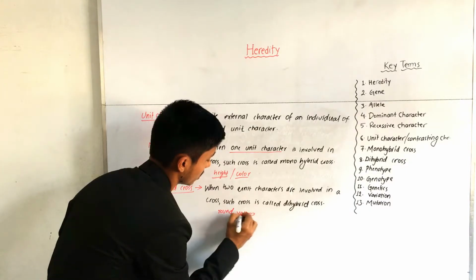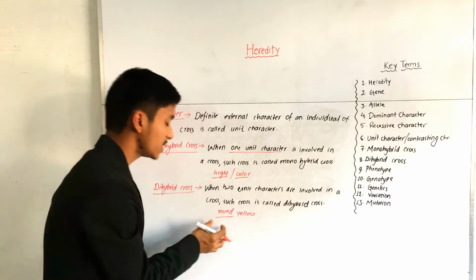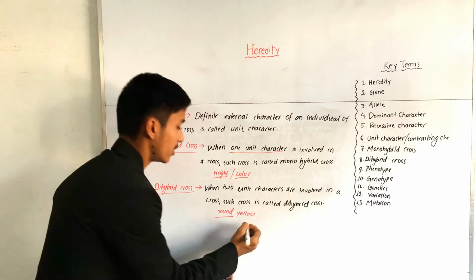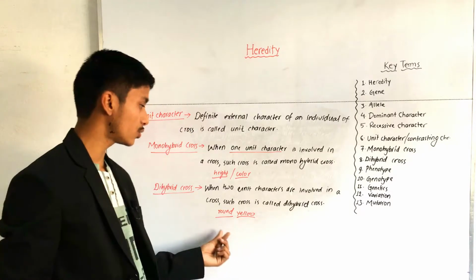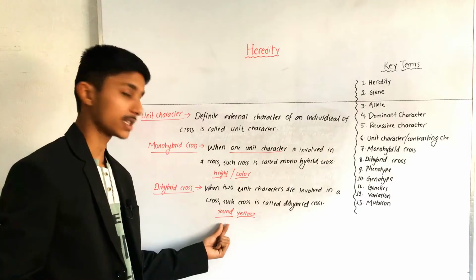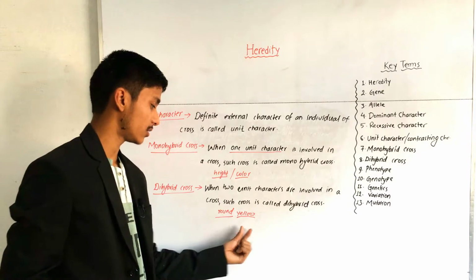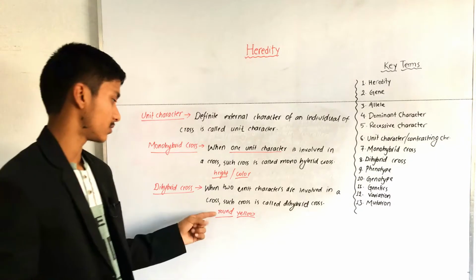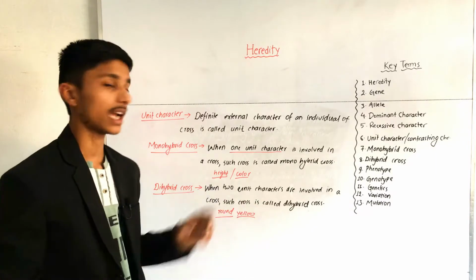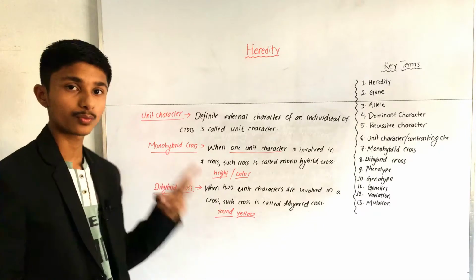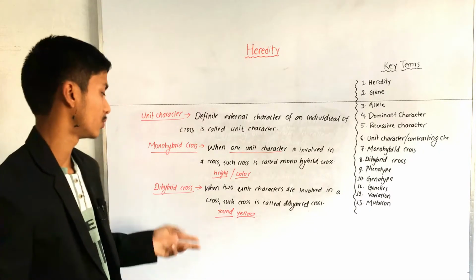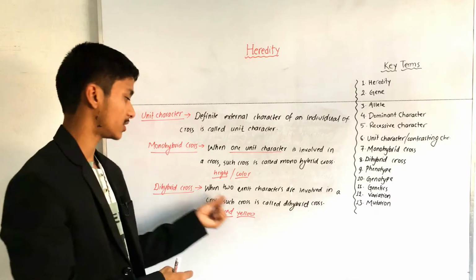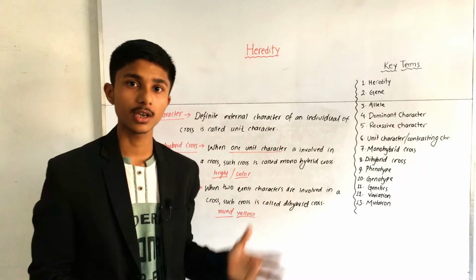Round indicates shape and yellow indicates color. Here there are two unit characters, one is shape and another is color. These two unit characters are taken in a cross, so such a cross is known as a dihybrid cross. Di means two.